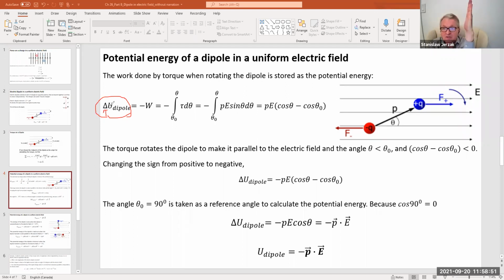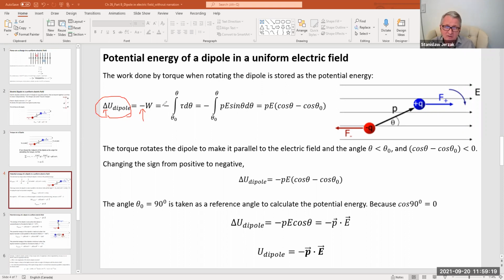We will always be calculating the difference of energy between two orientations. And you should know from previous courses that the difference of potential energy is always calculated as the negative of the work done, in this case work done by the electric torque, by the torque acting on the molecule.